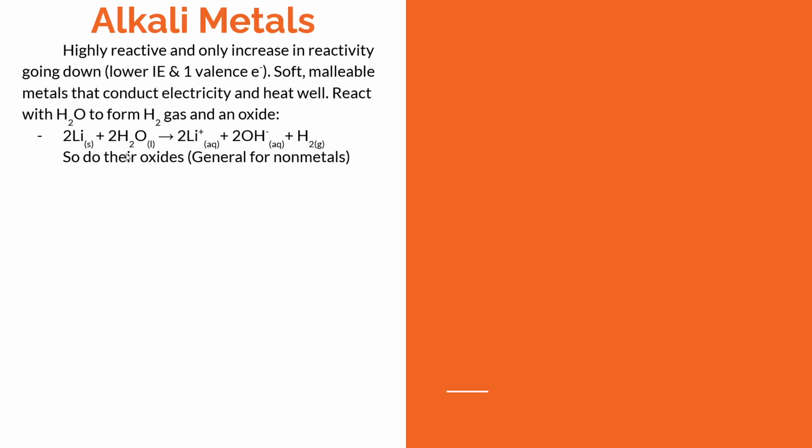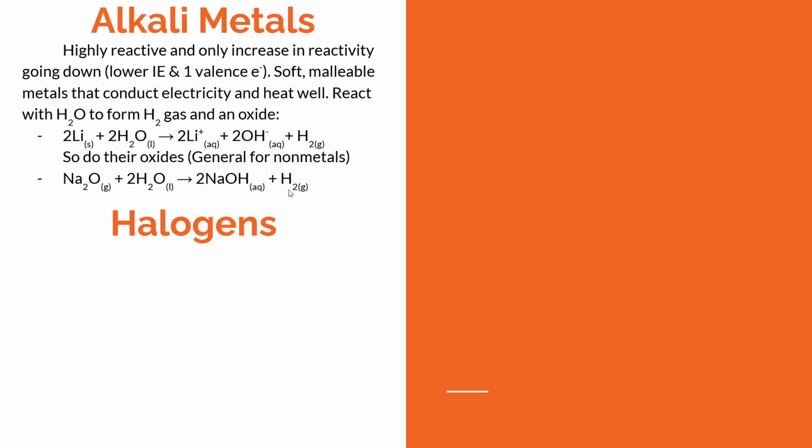Now, the oxides of alkali metals are going to be a similar process, a general trend where you have the oxide Na2O plus water is going to make NaOH, which is going to be a strong base. And this is still considered a hydroxide, sodium hydroxide.